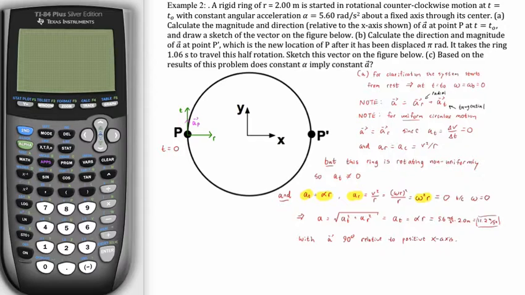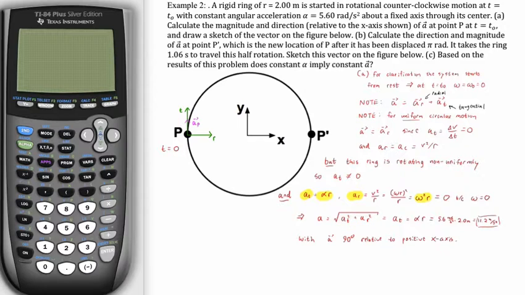Since we're starting right initially at t equals 0, omega equals 0. If we want to fully calculate a, which is what we're asked to do in part A of this question, then we'll use the Pythagorean theorem to consider the two components, the tangential and radial components, square them and put them inside the square root.